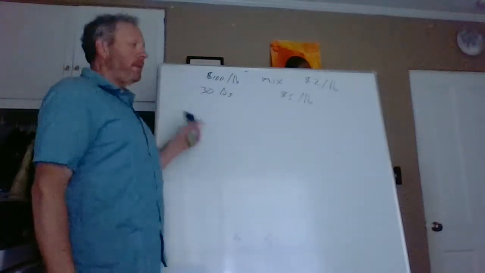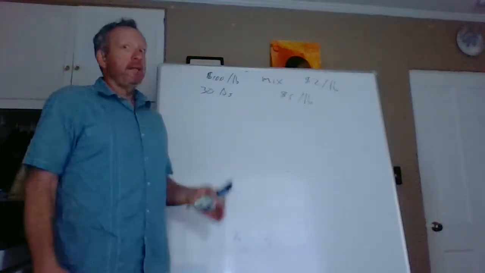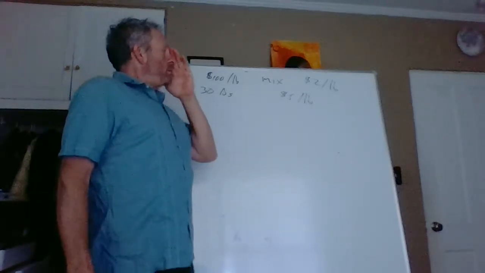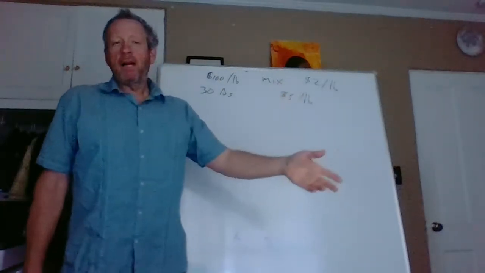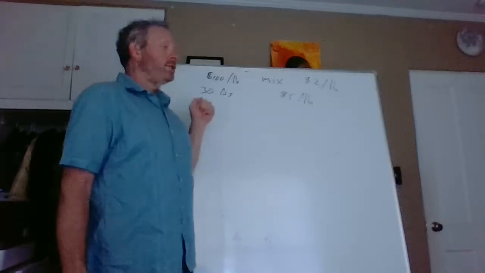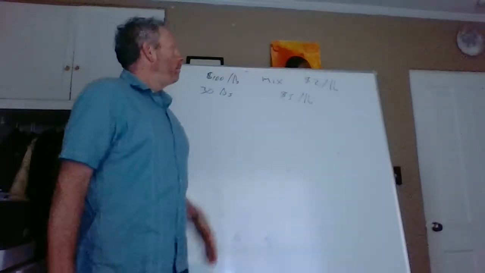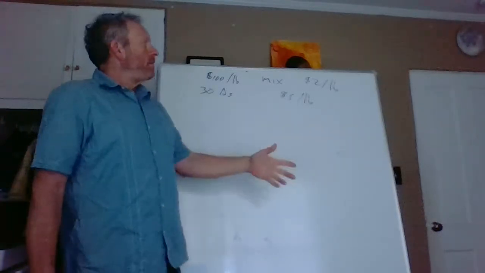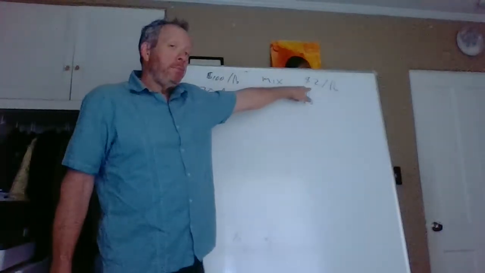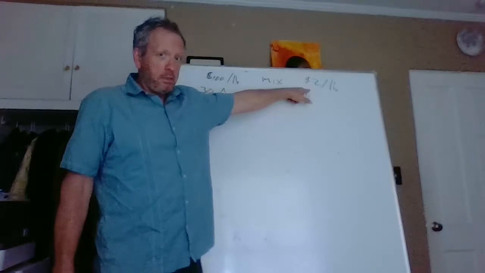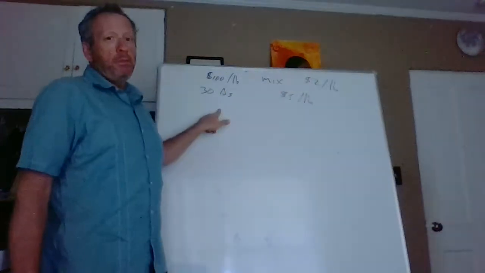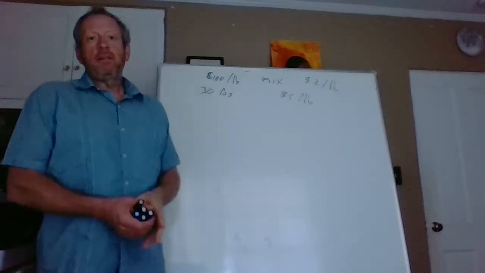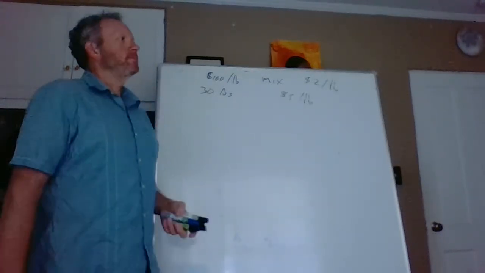You've got 30 pounds of this incredibly tasty and incredibly expensive coffee, and you want to mix it with $2 a pound of your standard house coffee to achieve a blend which you would like to sell at $5 a pound. The obvious question is, how much of the cheap stuff should you mix with the expensive stuff so that you get a blend that would sell for $5 a pound?